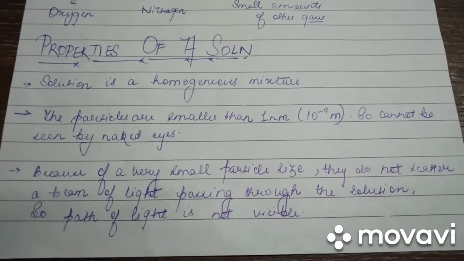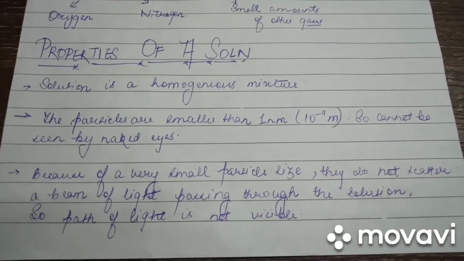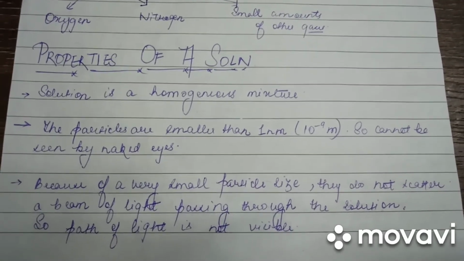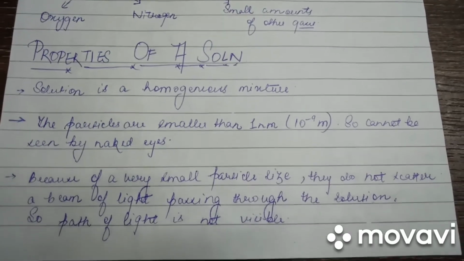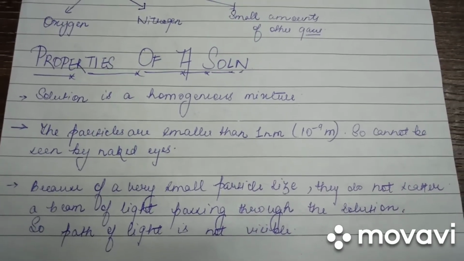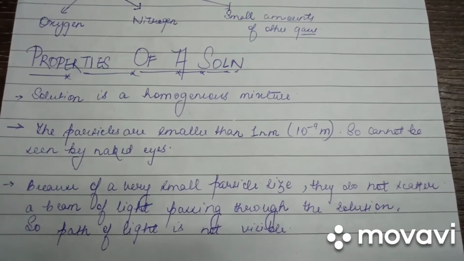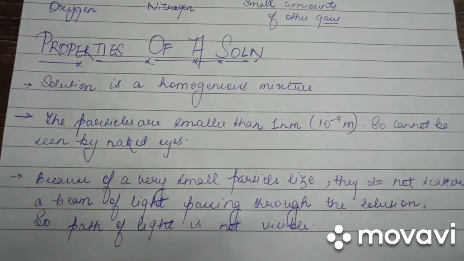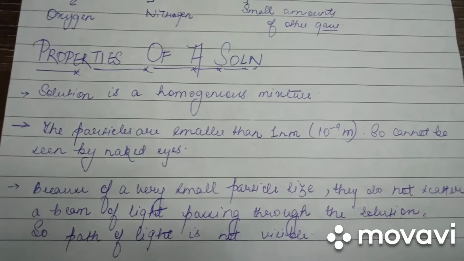In our previous lecture, we discussed an activity in which 4 groups A, B, C, D were taken. In that activity, group A and B formed a copper sulfate solution. Hence, they do not scatter a beam of light passing through the solution. So, the path of light is not visible.